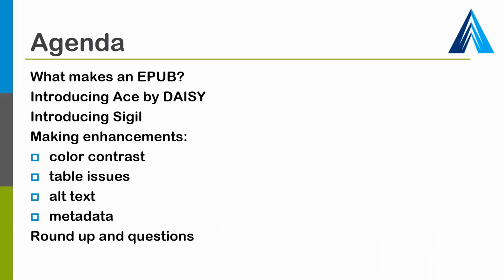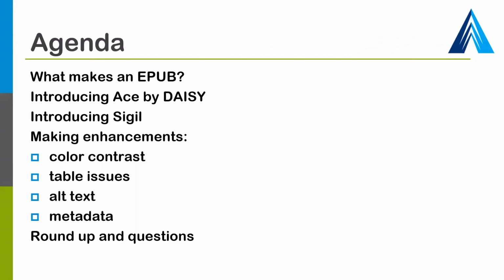So what's our agenda for today? Well, Svea will take us through the components of an EPUB file and some HTML basics. I will then introduce a couple of tools we'll be using, Ace by Daisy and Sigil. Then Charles will show us how he can identify and then fix color contrast issues and issues with a table.